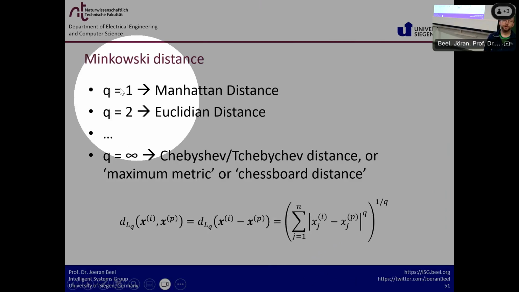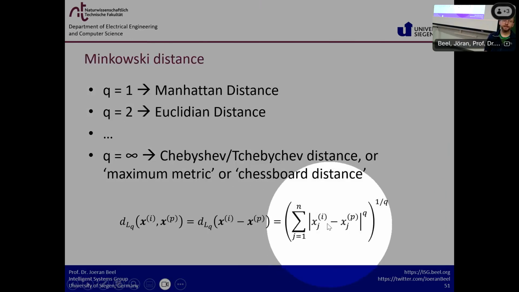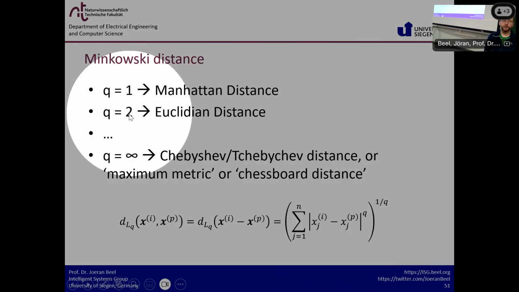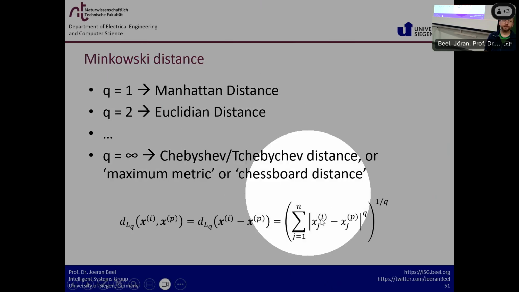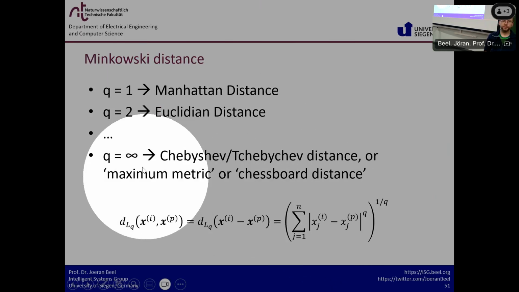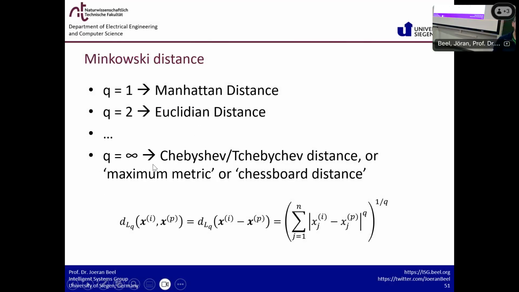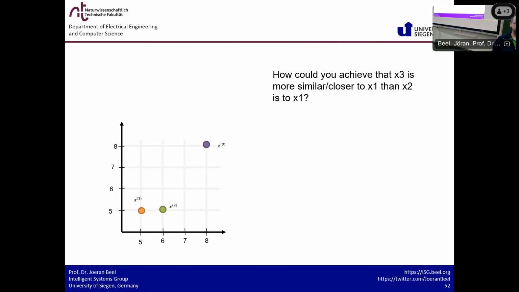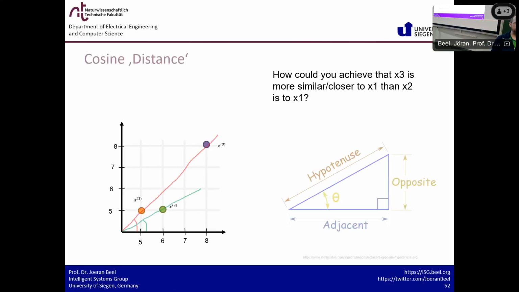So if q equals 1, then this becomes the Manhattan distance. If q equals 2, this becomes the Euclidean distance. And q going to infinity is called the chessboard distance, which is not relevant for us now, but at least you have heard about this. Yeah, maybe look at this at home.